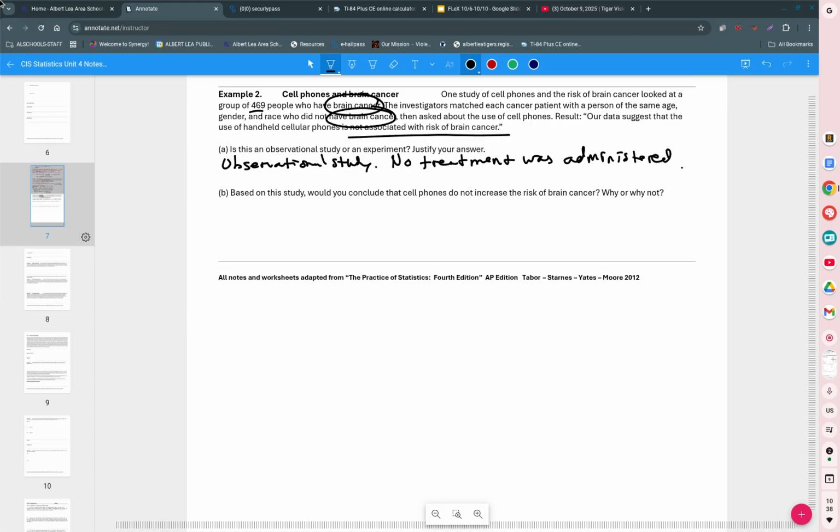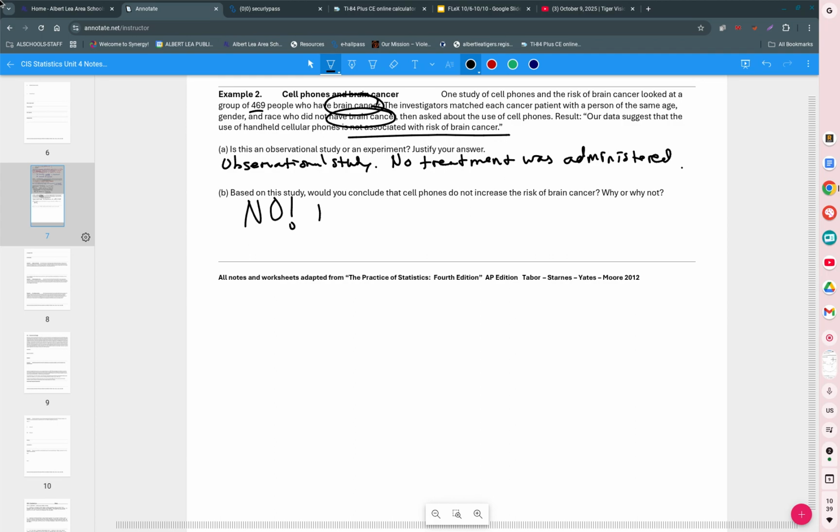Based on this study, would you conclude that cell phones do not increase the risk of brain cancer? What's the answer? No. Now, you may say, well, of course cell phones don't cause brain cancer. Well, all right, we may agree on that, but this study doesn't show that.